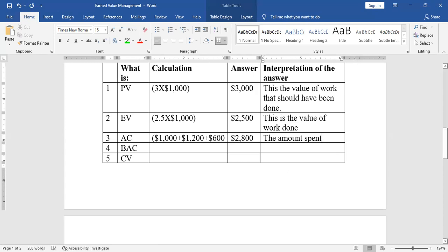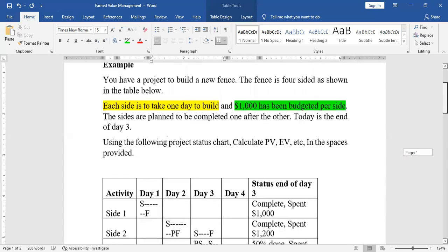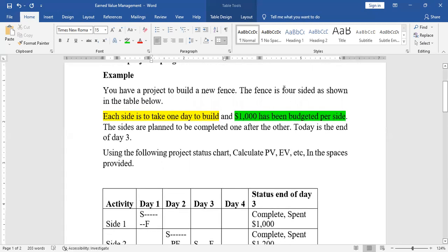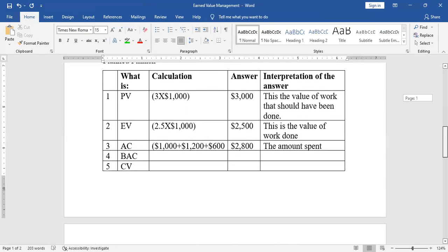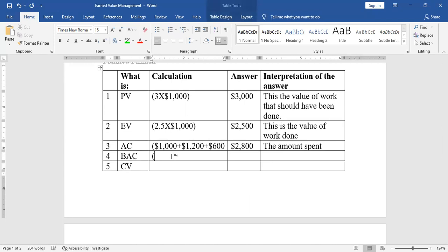That's the interpretation. But BAC, budgeted at completion, means the total budget of the project. So if the project was to build 4 sides and each side cost $1,000, the budgeted at completion will be 4 multiplied by $1,000.